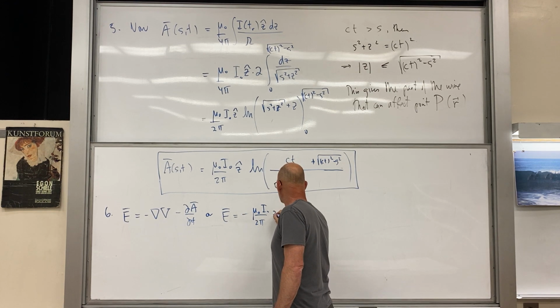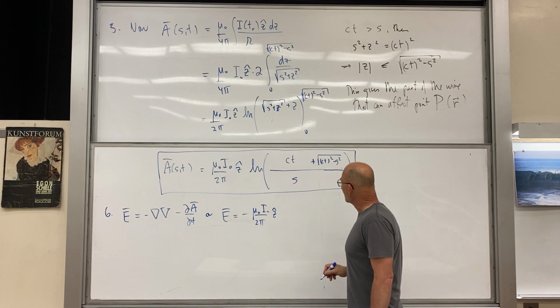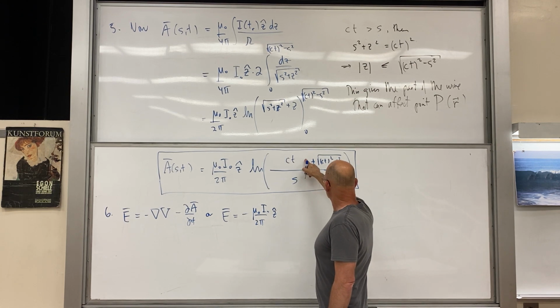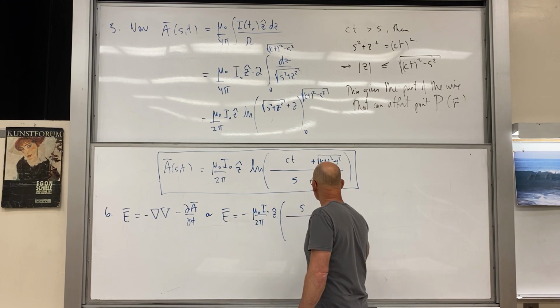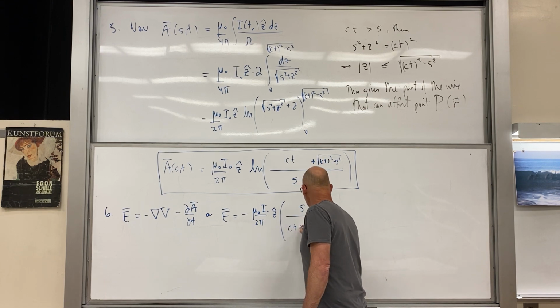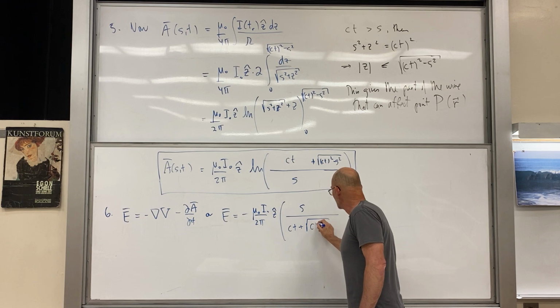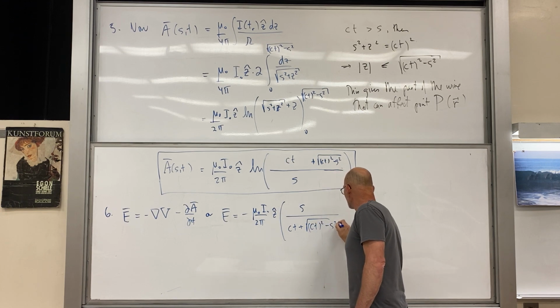We've still got the z hat, and then the derivative here will have s over ct plus root ct squared minus s squared.